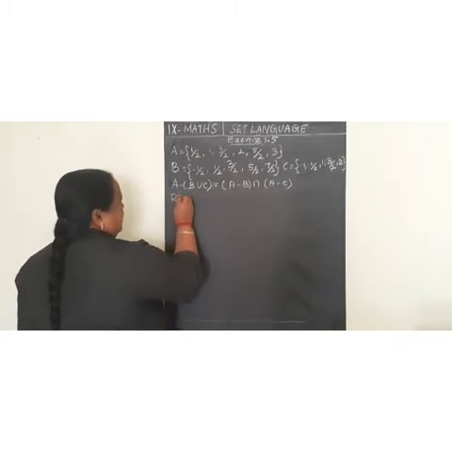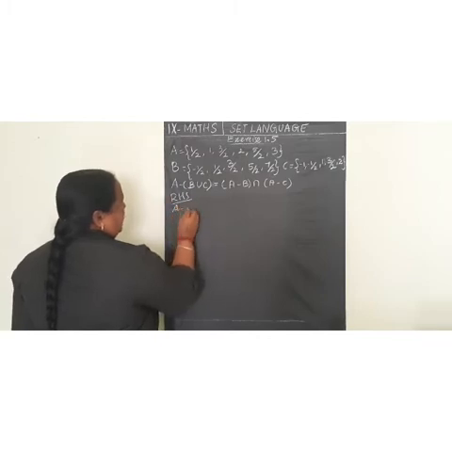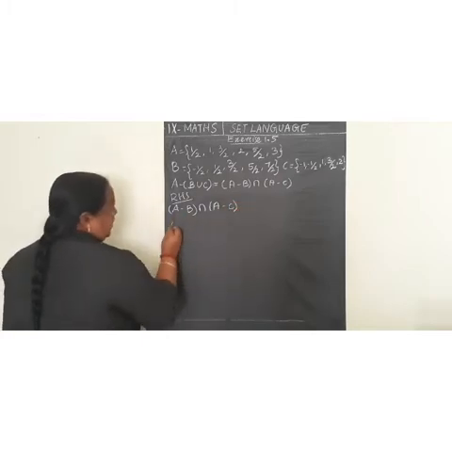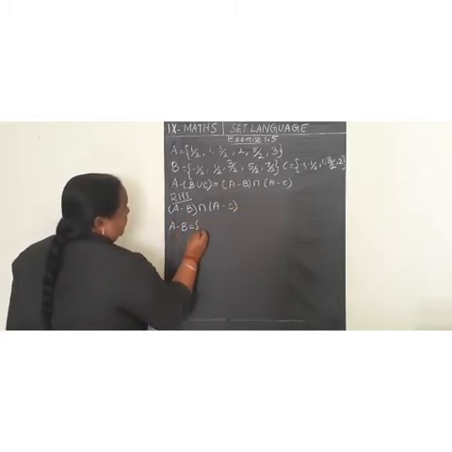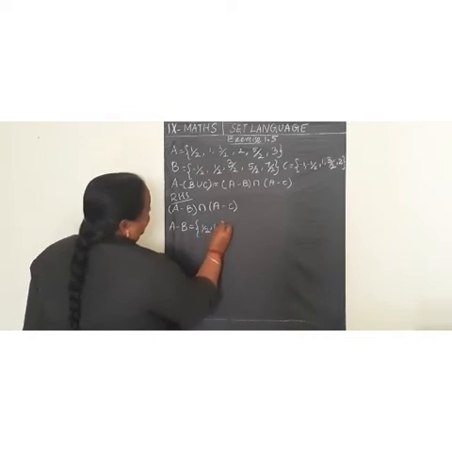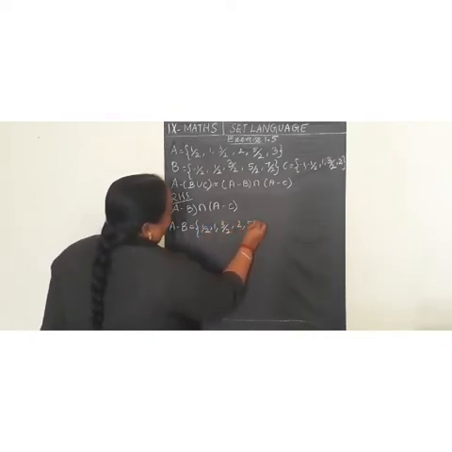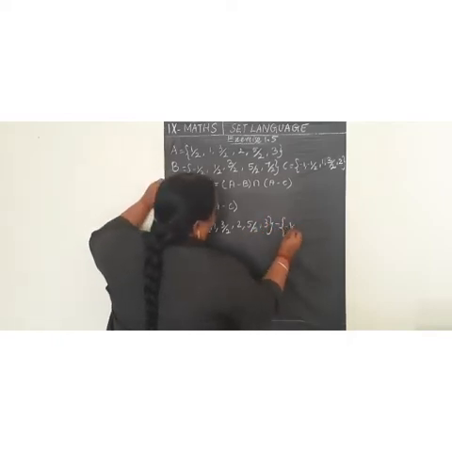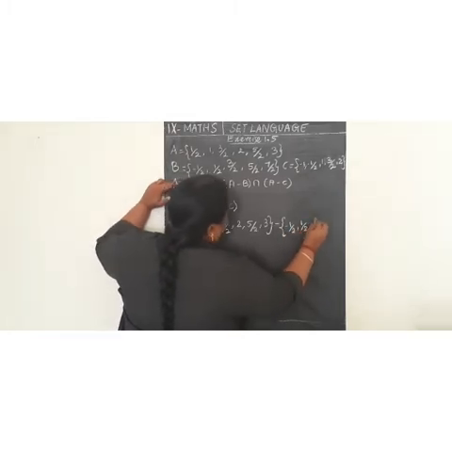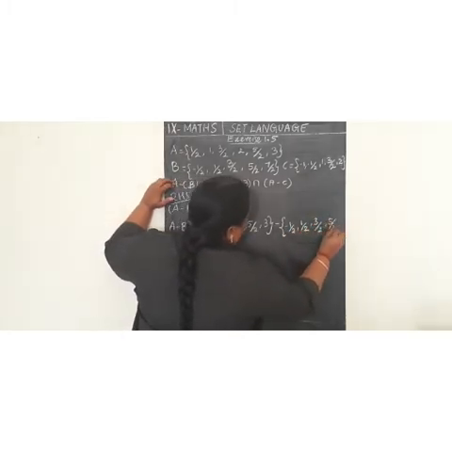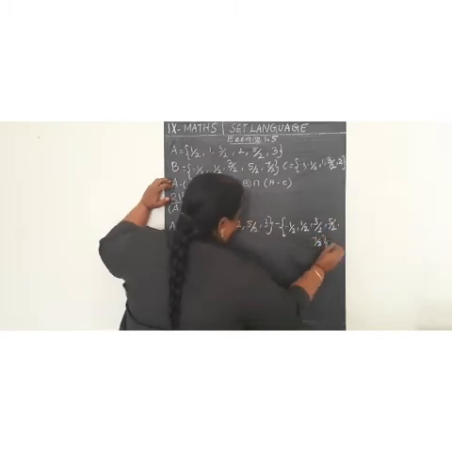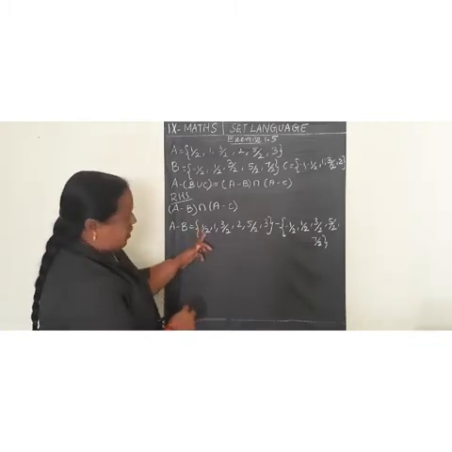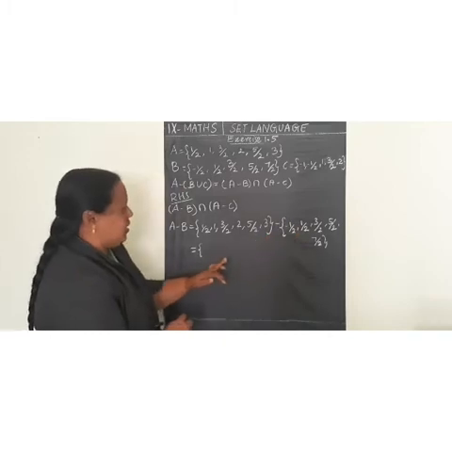Next the RHS: (A minus B) intersection (A minus C). First we have to find A minus B, which is 1/2, 1, 3/2, 2, 5/2, 3 minus B, which is 1/2, 3/2, 5/2, 7/2. Now the first element is 1/2, which is present in the set B, so we won't write that one.